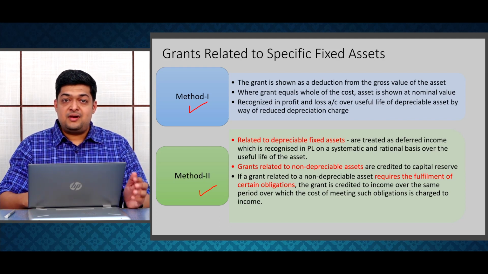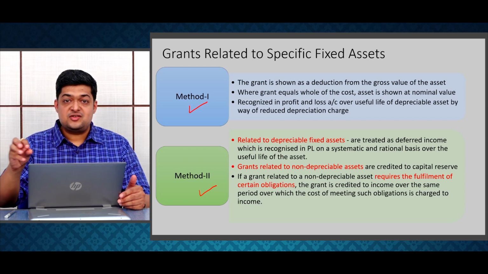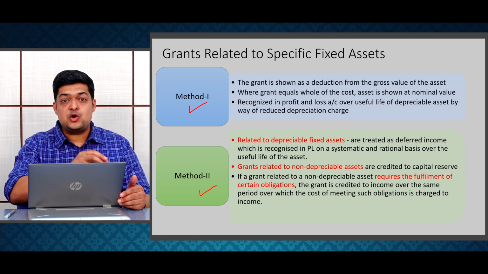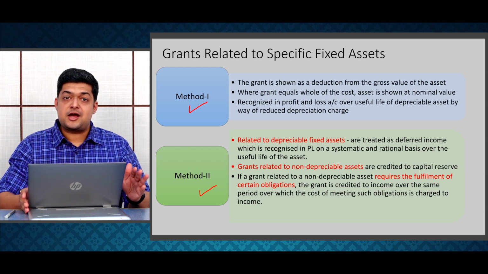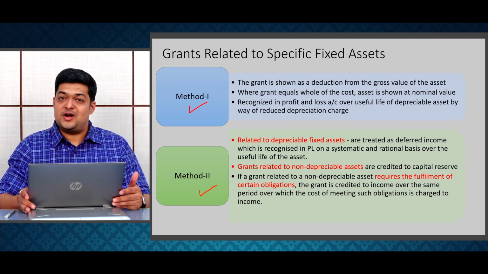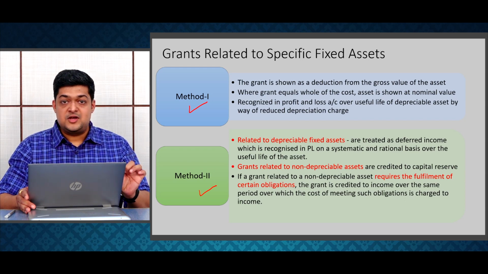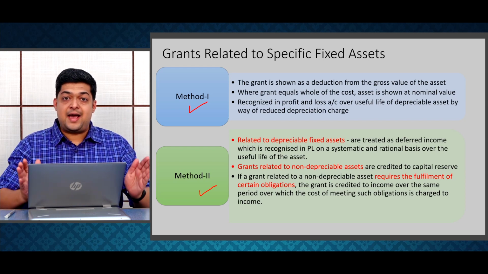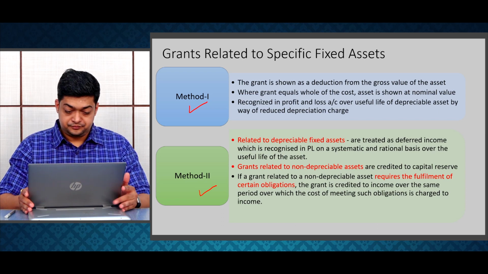So for example, 10 crores is the depreciation charge, 5 crores will be the income which will be transferred from deferred grant to the profit and loss account, which will be recognized as income. So ultimately the charge to the P&L would be 5. So the effect on profit in method 1 and method 2 is similar, only the way it happens is different.